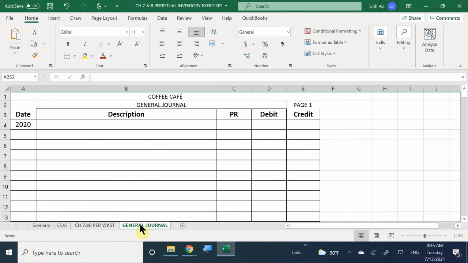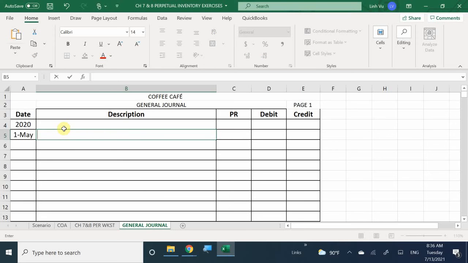Okay. So let's go to our journal. That's what I want you guys to do. So we're going to practice journalizing first, and then we're going to pop that in our inventory worksheet. So we have mugs because we're purchasing perpetual inventory, right? We put it straight into inventory.